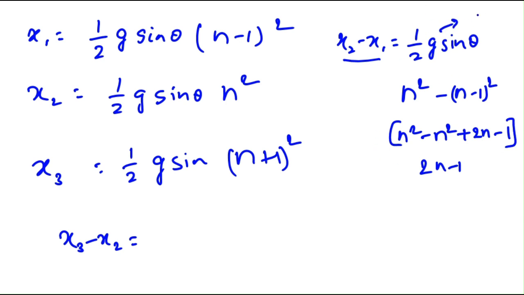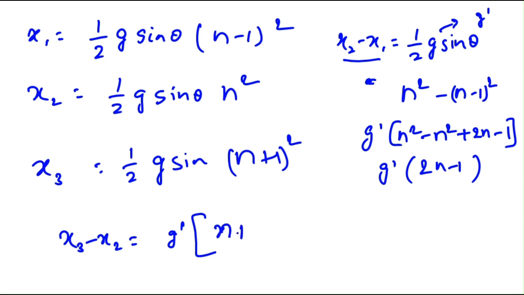Let's take this factor to be simply g prime. Remember, this g prime is nothing but half g sine theta. So we have g prime times x3, that is n plus 1 whole square, minus n square. This is x3 minus x2.